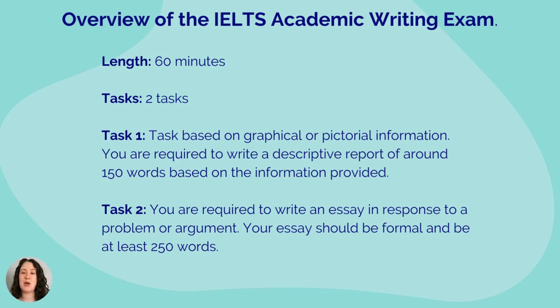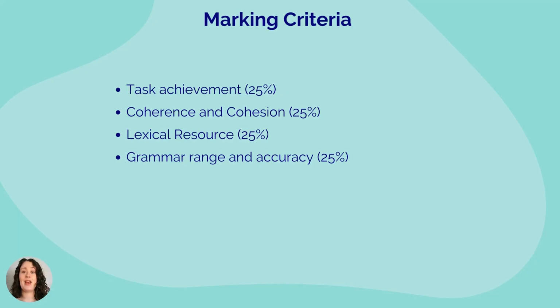In today's video, we will be looking at Task 1 of the exam and focusing on the different ways in which information can be presented in a Task 1 question. Remember, there are 4 different marking criteria for Task 1 of the exam, and each is worth 25% of your total score for Task 1.